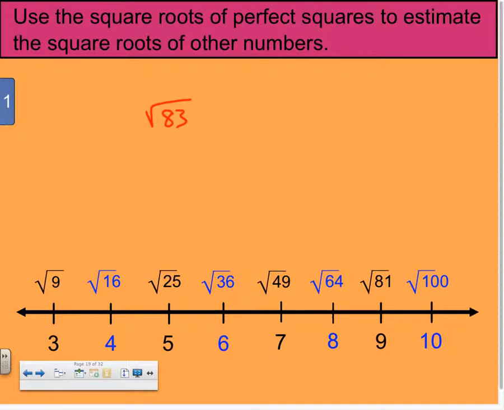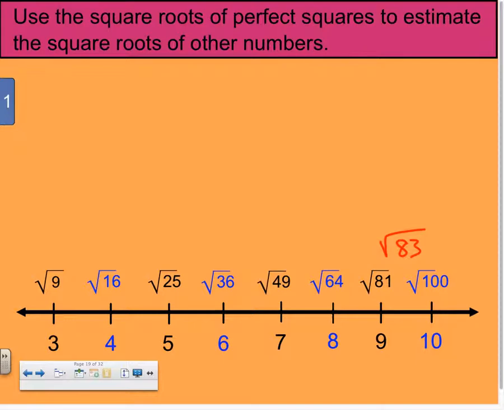Well, I can start off by taking the square root of 83 and seeing where it would fit on this number line. So I'm going to drag 83 over here because I can see that the square root of 83 is greater than the square root of 81, and it is less than the square root of 100. So this 83 fits in here really nicely.